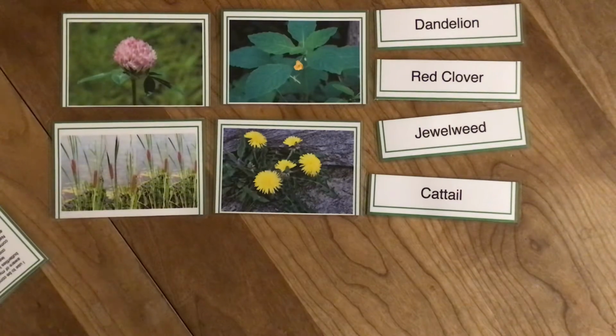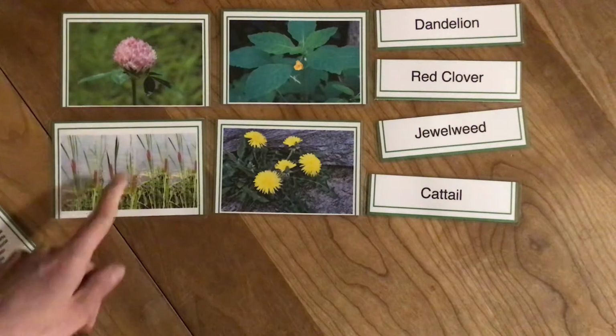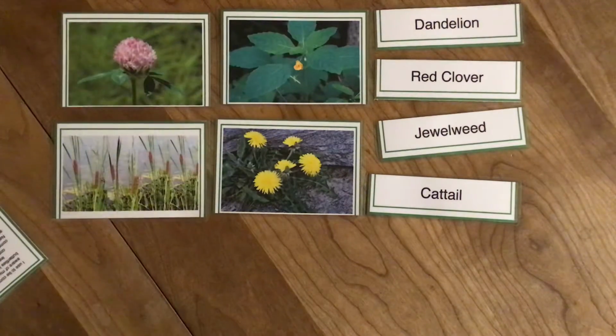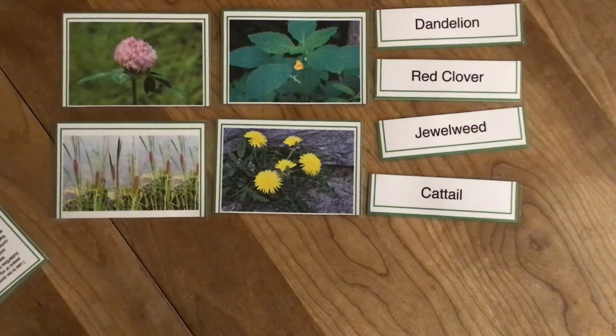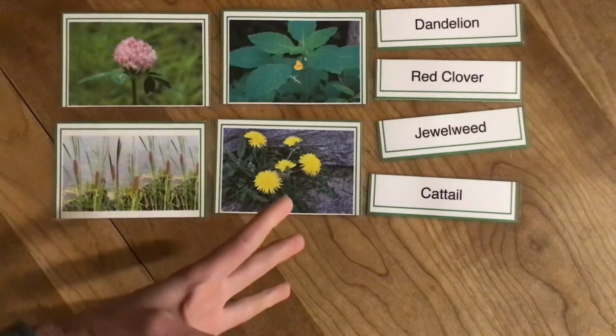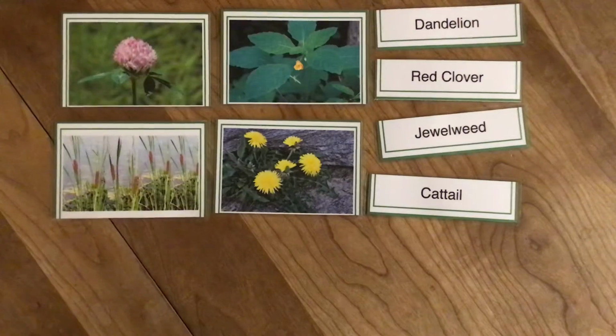So we're going to practice being botanists this week, and we are going to see if we can ID these plants. I just put 4 out for today. You have 12 altogether in your materials folder, and you can just start practicing with what I'm going to demonstrate, and then you can do this on your own to continue the lesson.